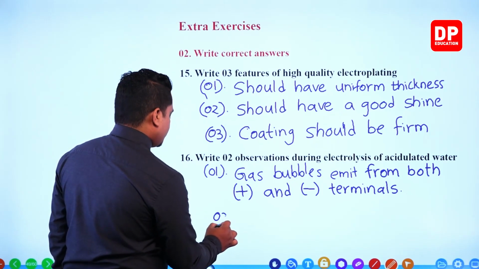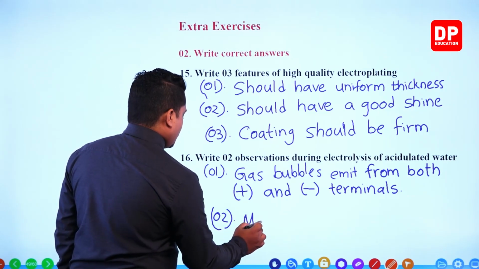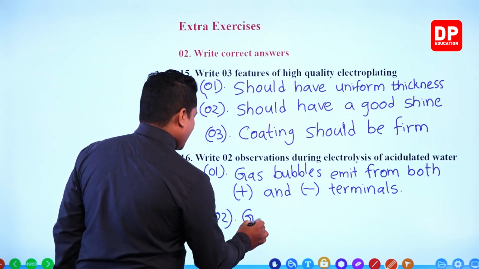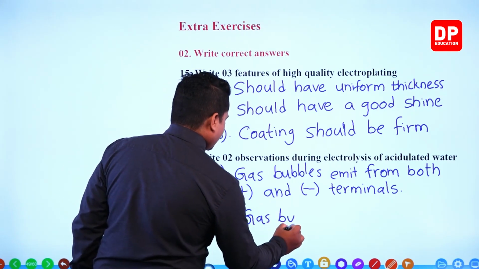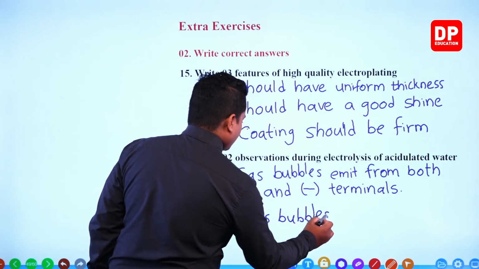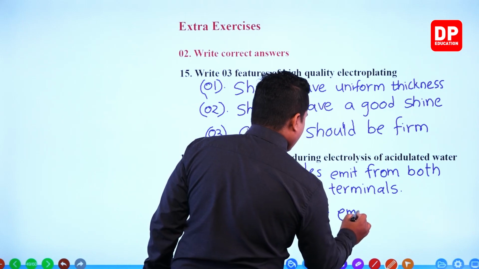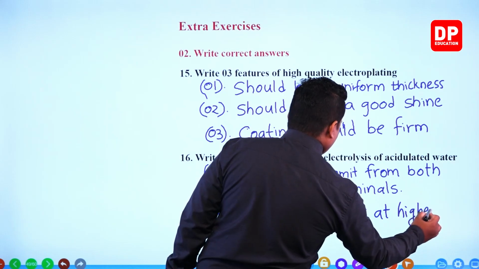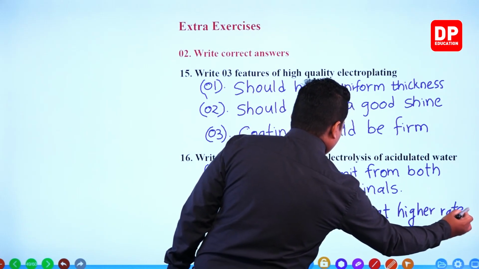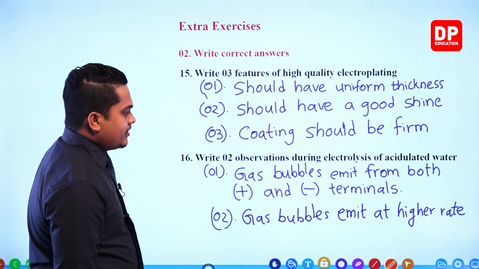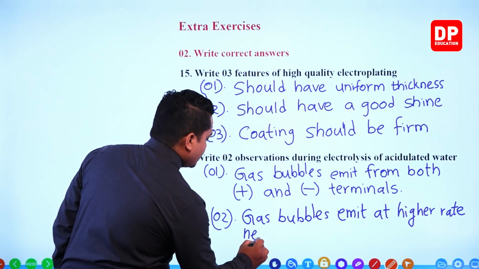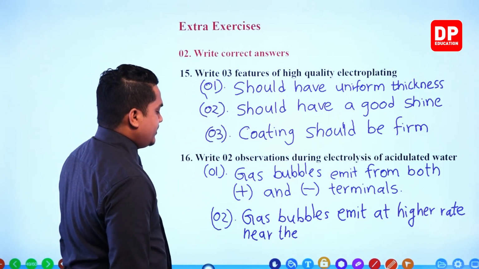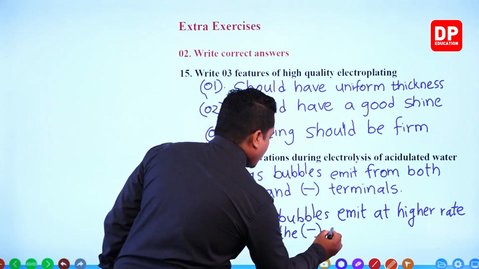Number two, gas bubbles emit at higher rate near the negative terminal.